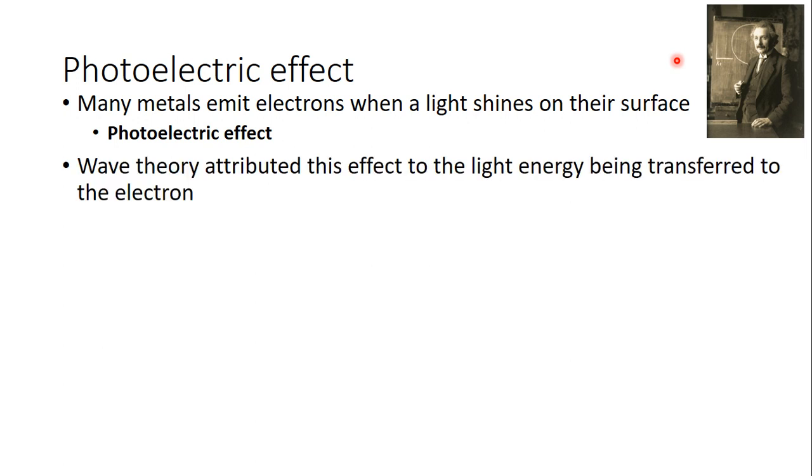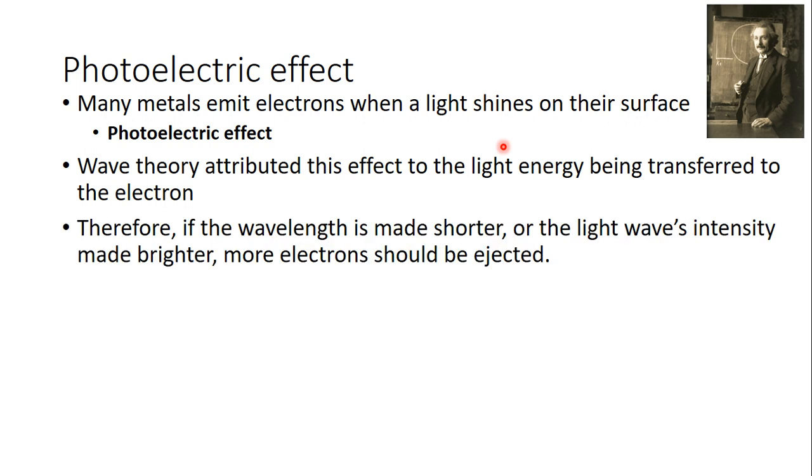Now, before we knew light was like particles, if you just thought of light like waves, you would think that the light energy being shone at the metal goes right to the electrons. Therefore, if you have shorter wavelengths, that is light with more energy, or a brighter light, you would expect more electrons to be ejected, because you need energy to eject these electrons.